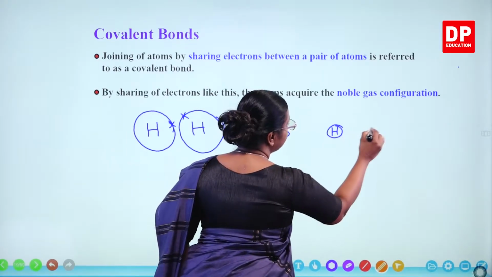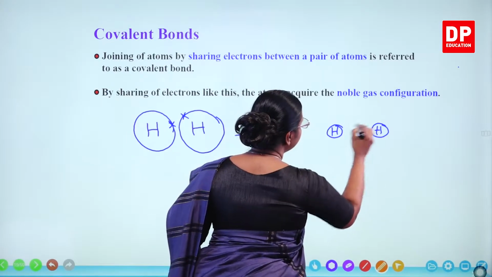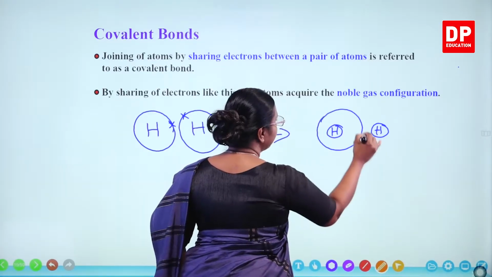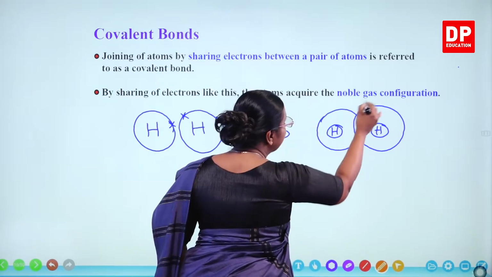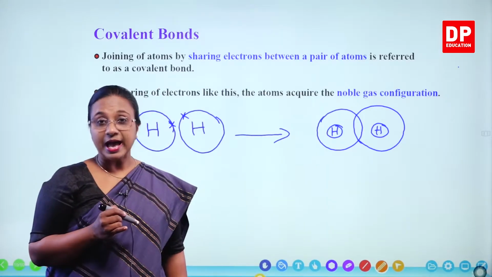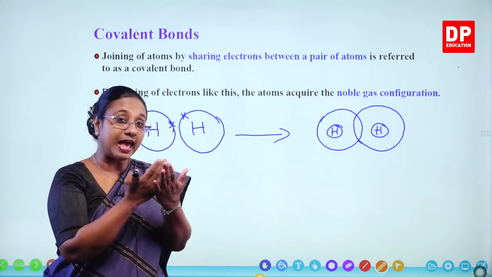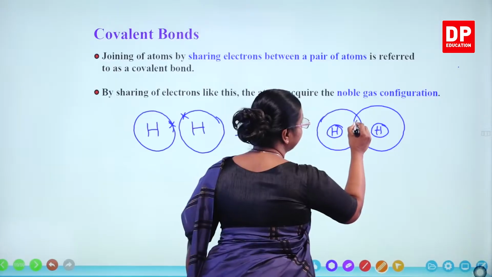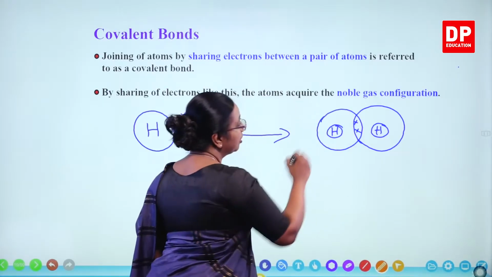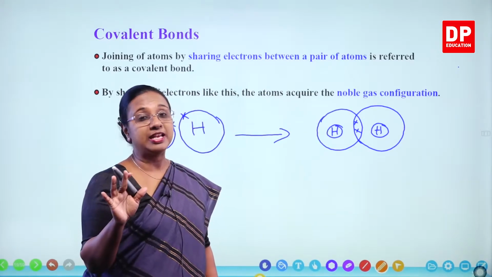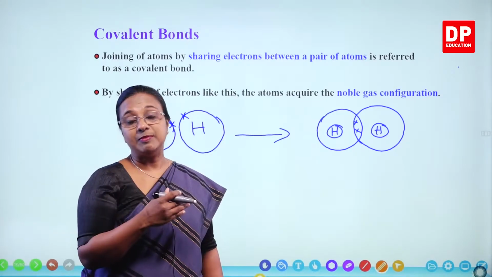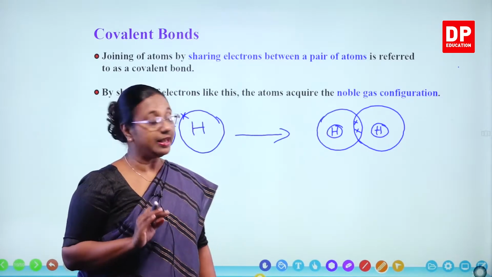So here is the second hydrogen. Here the energy levels of the two atoms overlap and they share the electrons. I am showing crosses just to explain it to you, but normally we will be using dots to denote the electrons.